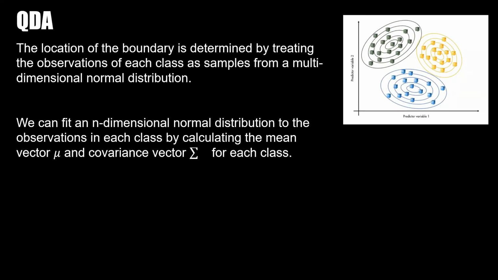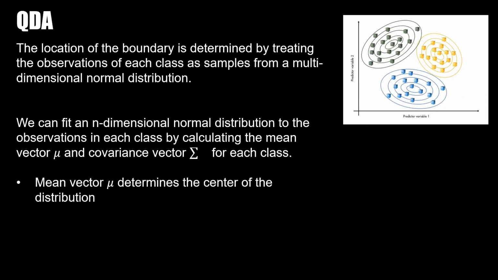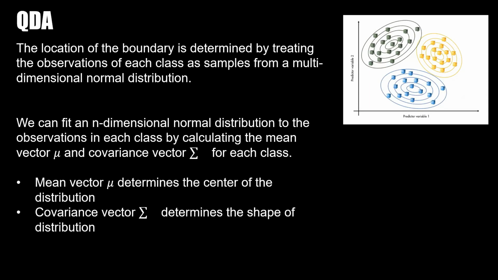So we have 3 classes, and each of them are coming from a high dimensional normal distribution with mean mu and covariance matrix sigma. And you see that, like in this example, the distributions are different, but the simplest case is when all of them have mean mu, and all of them have their covariance matrix sigma.